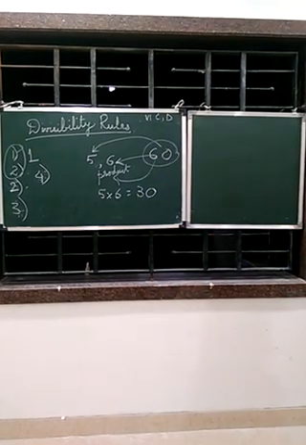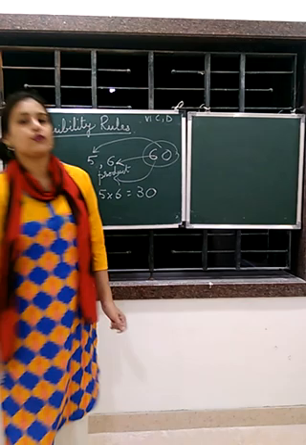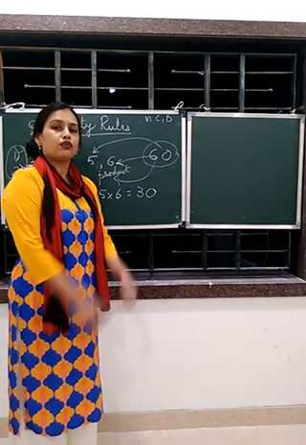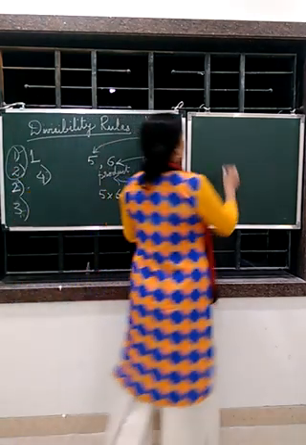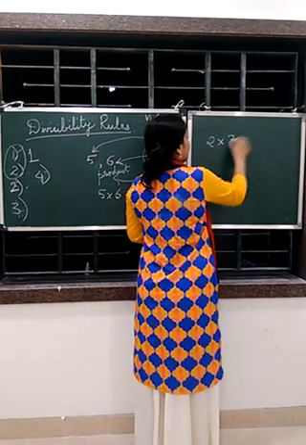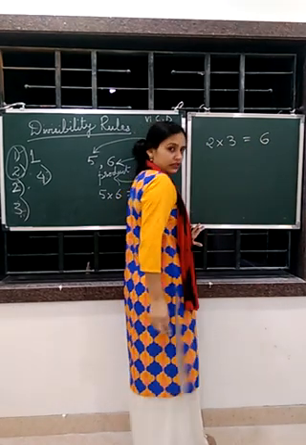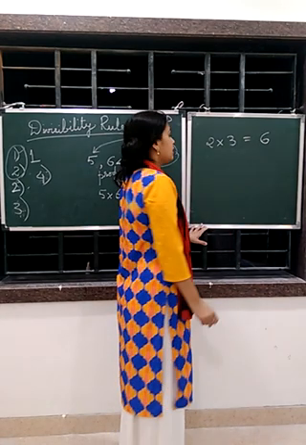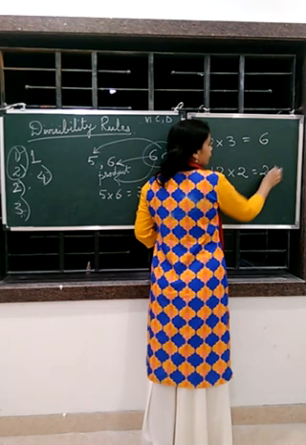Factors means when we multiply two numbers, we get a product. So whatever we are multiplying, those two numbers are known as the factors of the product. Like for example, 2 into 3 is equal to 6. So 2 and 3 are the factors of 6. Similarly, 12 twos will give you 24.